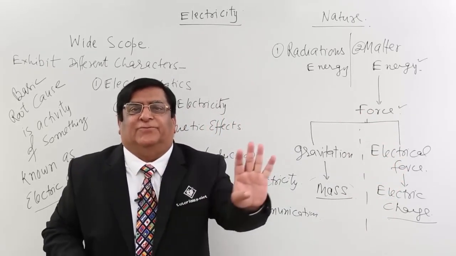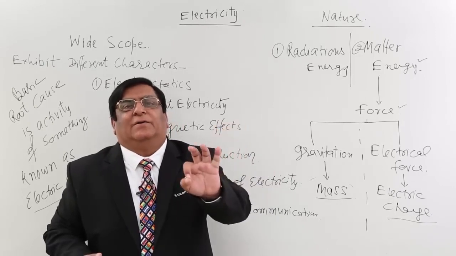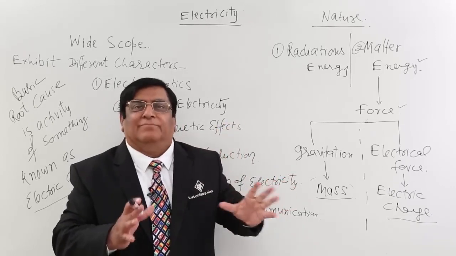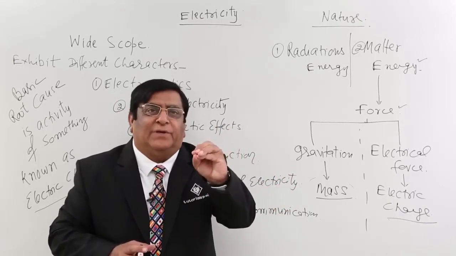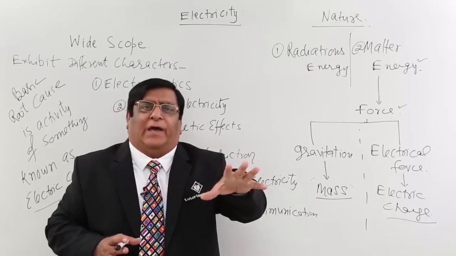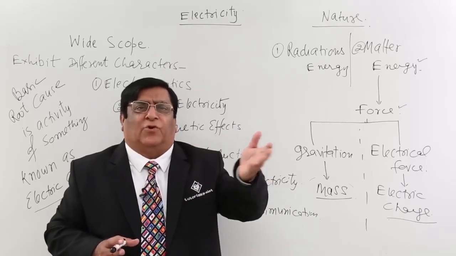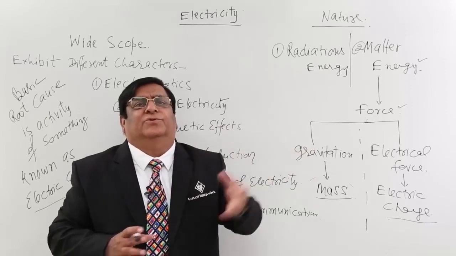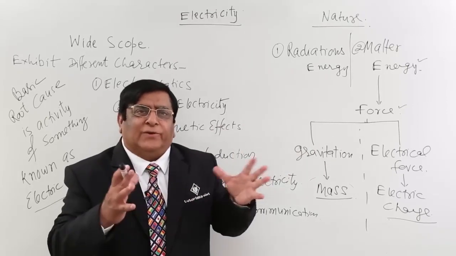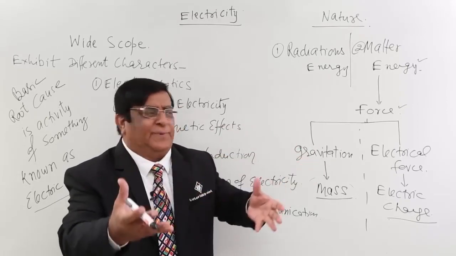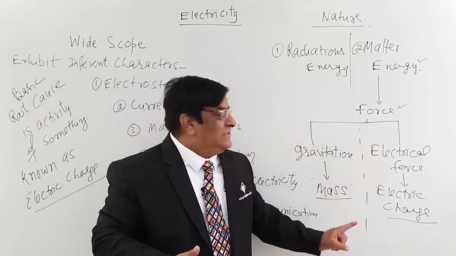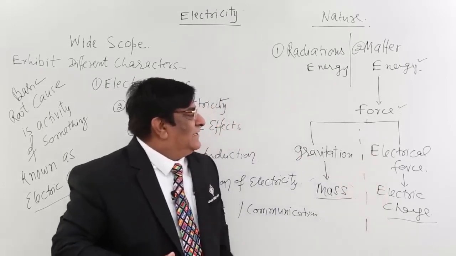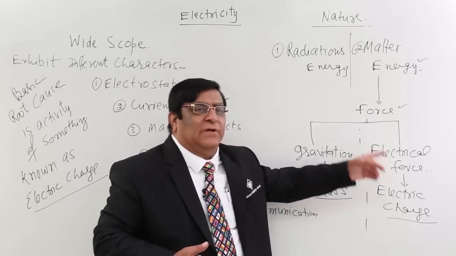There is no third force so far we could find in our nature. Macroscopic, microscopic, inside the atom we do have nuclear forces, strong nuclear, weak nuclear. When we go to the nucleus we will study that. But macroscopic, what we see with the eyes, what we experience, these are the two forces, and so electric charge is the root cause of electric force.